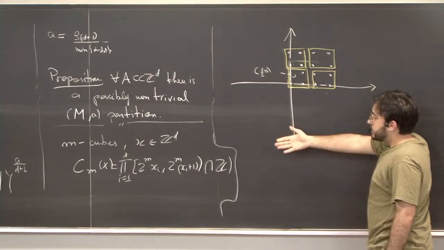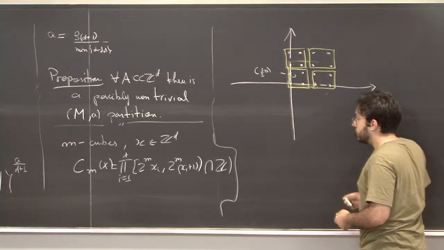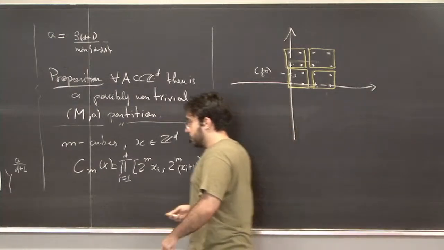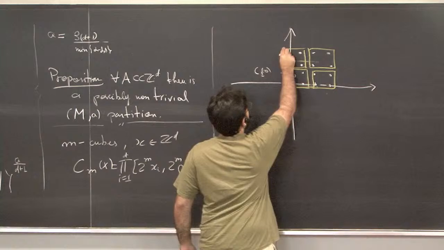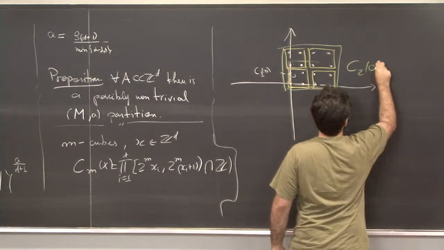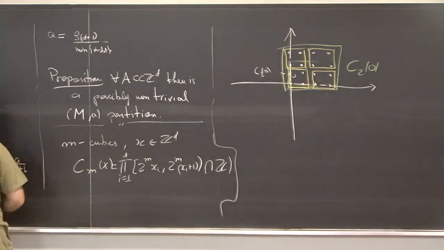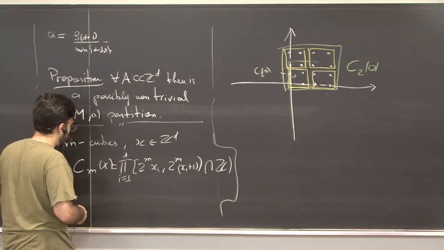And the advantage of this construction is that when I grow the scale, when I take m equals to 2, for instance, for x equals to 0, then I will get this cube to be the cube in the next scale. So this is C_2(0). So by changing m, we get larger and larger cubes.